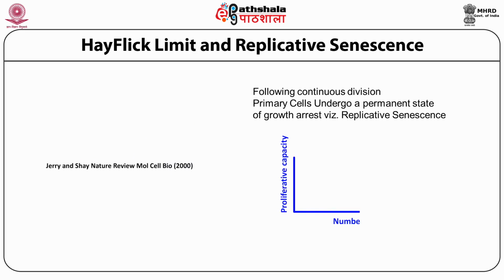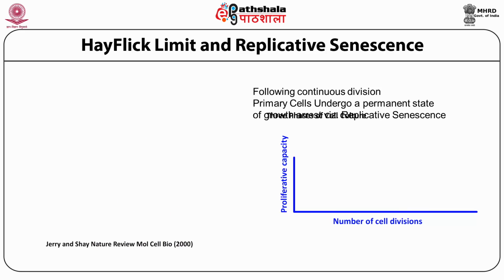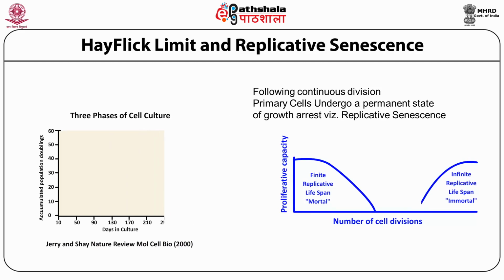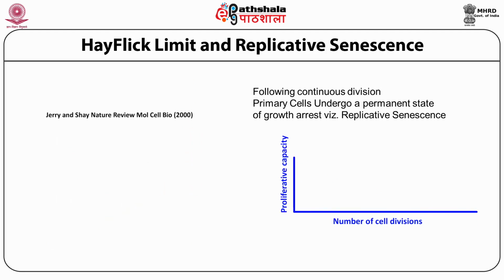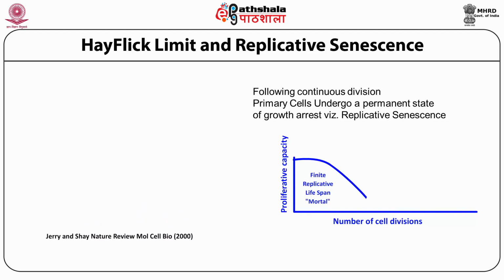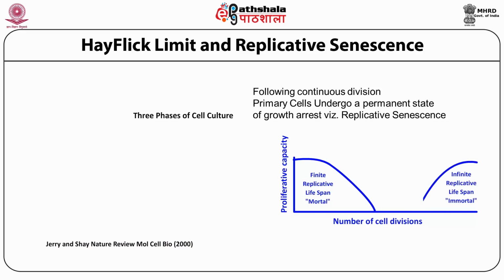If we make a typical growth curve from primary cells like the skin fibroblast and plot it in a graph, it shows three different phases of growth. Phase 1 is a slow phase, phase 2 is a rapid growth phase, and phase 3 is when they stop dividing. This is indicated here by a red arrow.